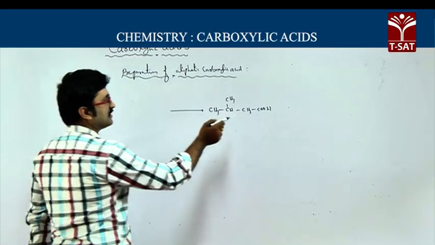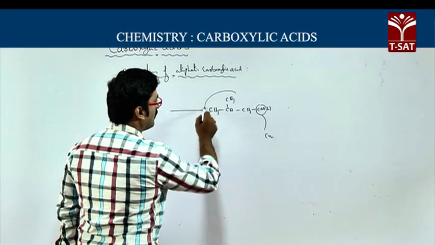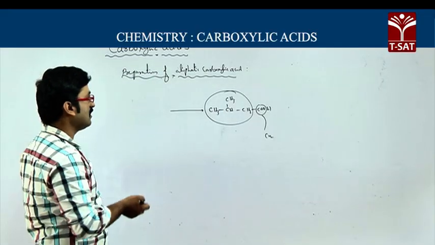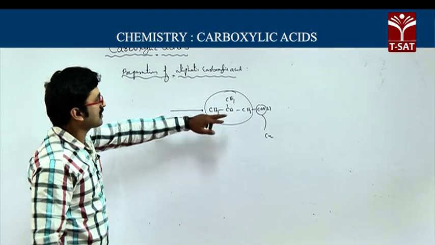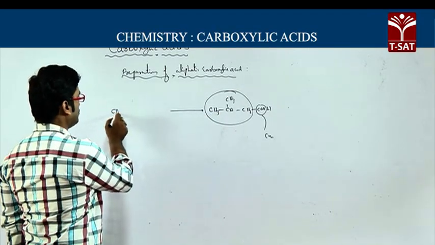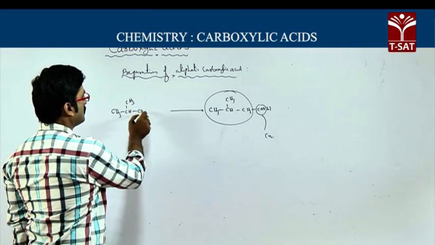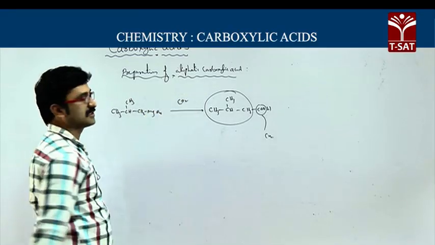Very simple. This part will come from carbon dioxide, and the leftover part will come from the Grignard reagent. So the Grignard reagent used is (CH3)2CHCH2MgBr, and carbon dioxide.